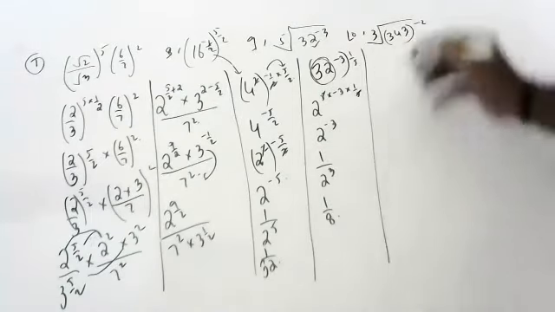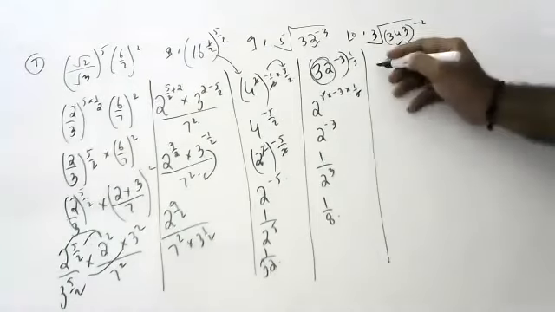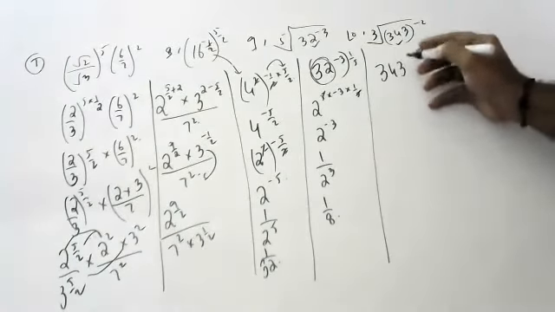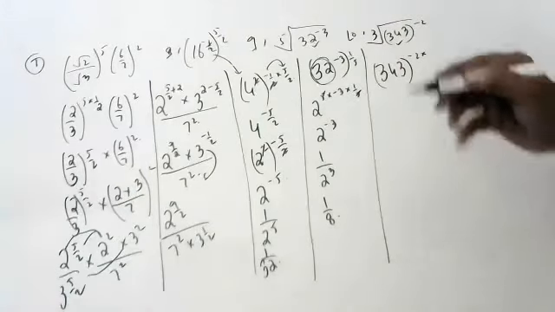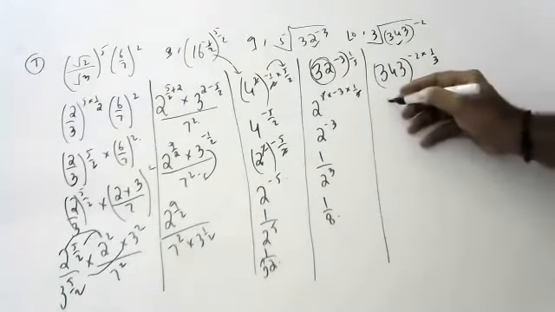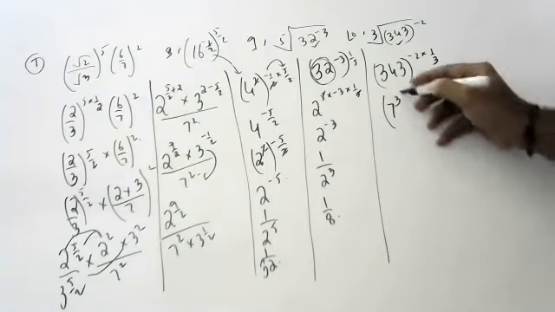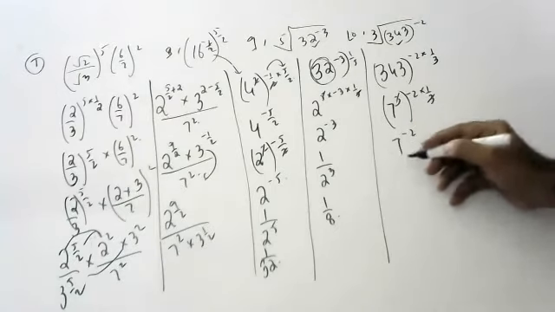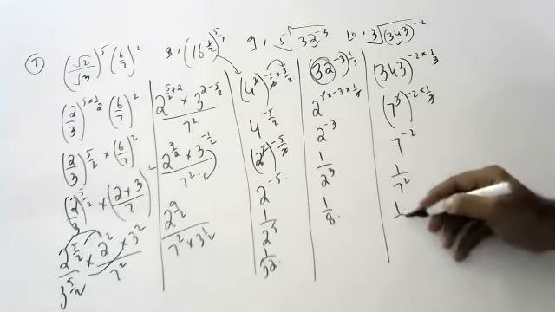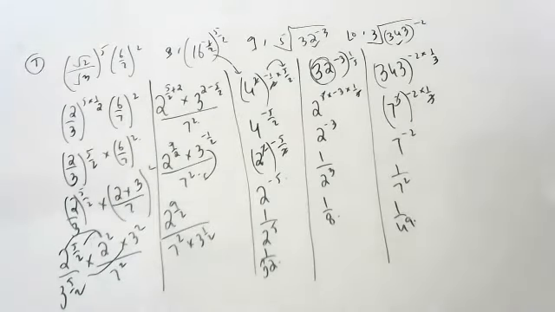Next, 343 can be written as 7 cube, whole minus 2 into 1 by 3. 7 power minus 2, 1 by 49. Very good. Next.